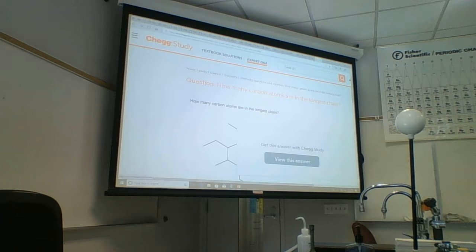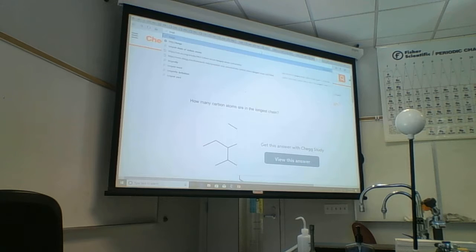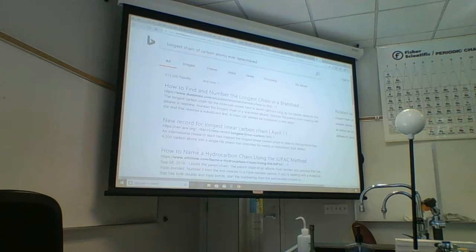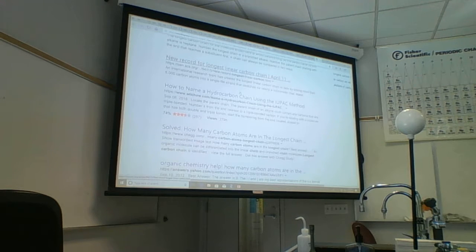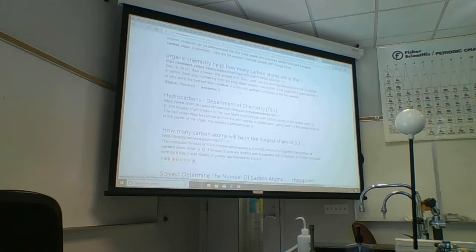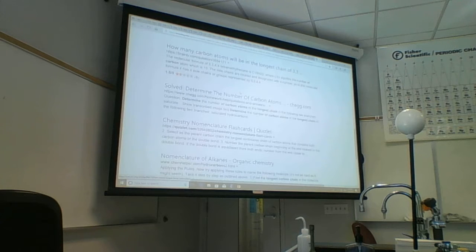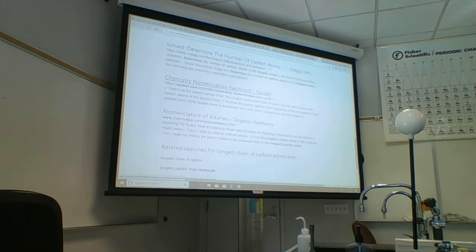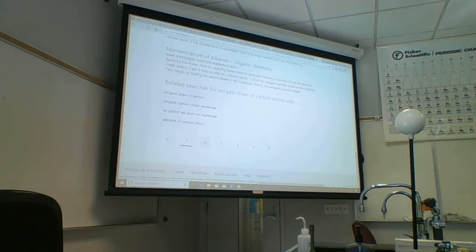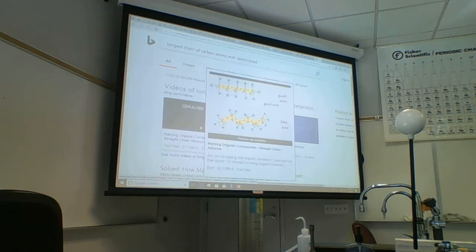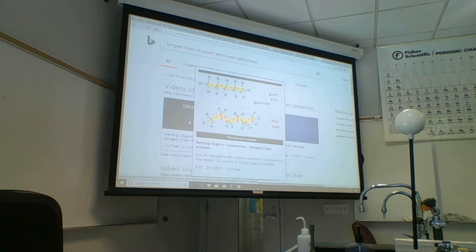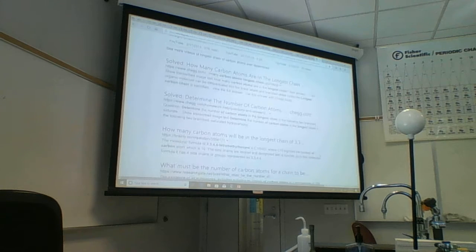Actually, what were we looking for? The world's longest chain of carbon atoms. Longest chain of carbon atoms ever measured. This is just a whole bunch of sites to help you find it, because sometimes it's hard to see the longest chain of carbon atoms.